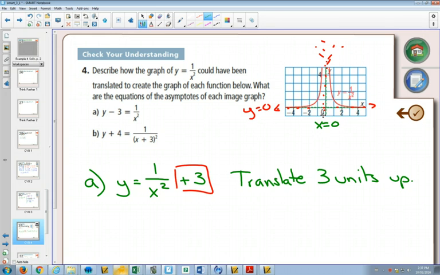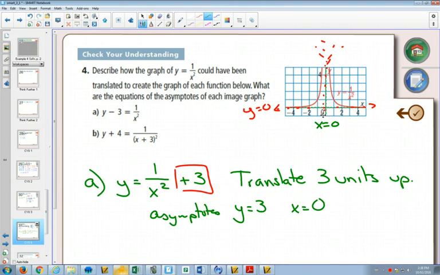So if you translated that graph 3 units up, what would our asymptotes be? The y would go up 3. And the x equals 0, if you slid that one up, would still stay at the exact same spot, would stay at x equals 0.